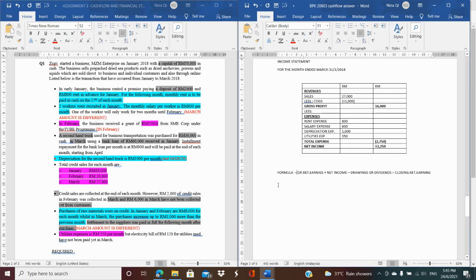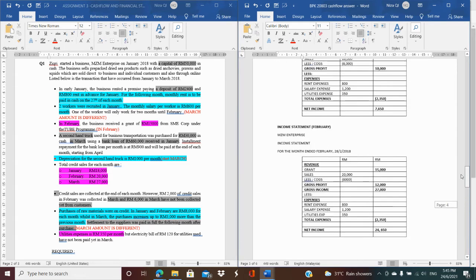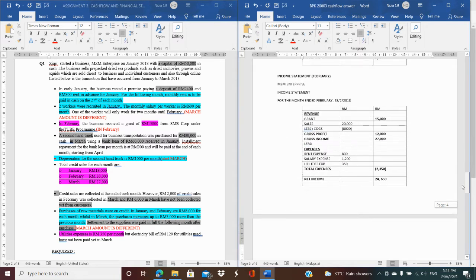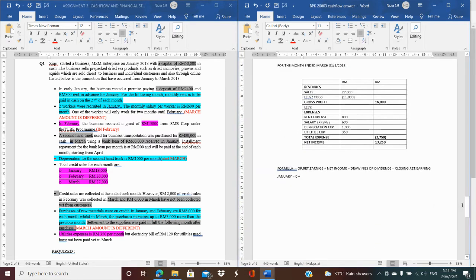Now we look at January. For January, the opening retained earnings is nothing because it has just started. The net income for January is 7,650. There are no drawings, so the new retained earnings will be 7,650.